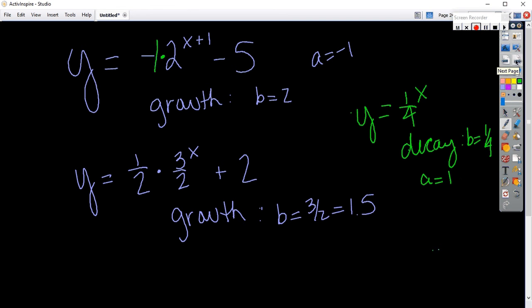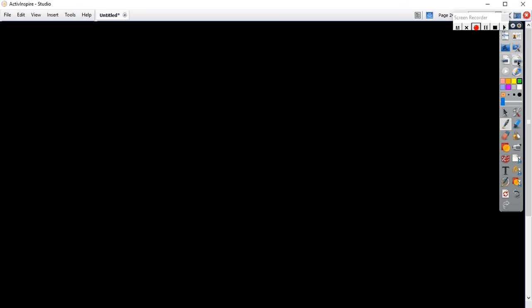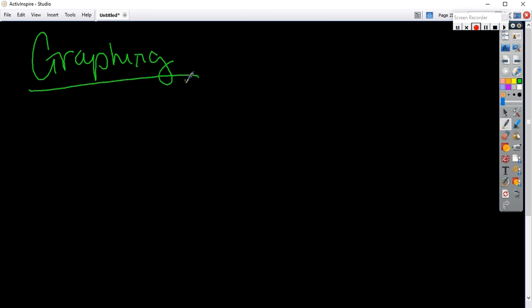Let's talk about graphing a little bit. The way we're going to be graphing is we're going to talk about the parent function and then some transformations on the parent function.